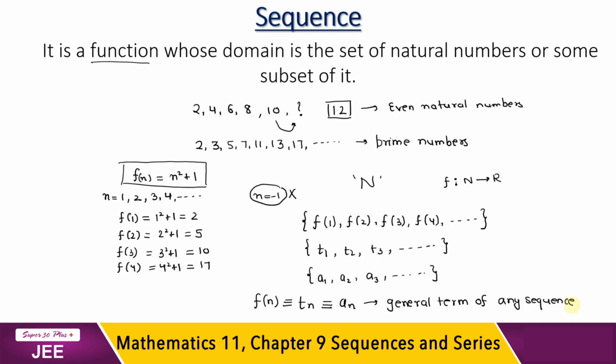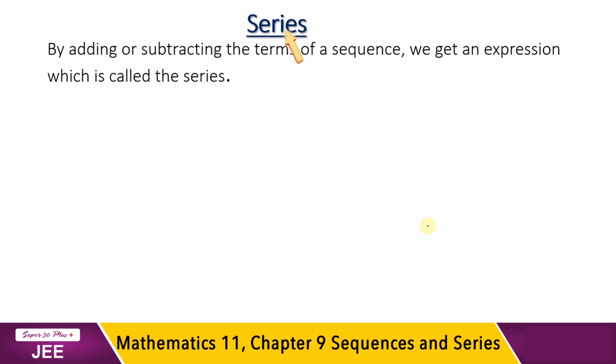Alright students, we are now in a position to understand the word series. What is the meaning of the word series? Consider that we have a sequence in which terms are given in this way: a1, a2, a3, a4 and this continues till an.